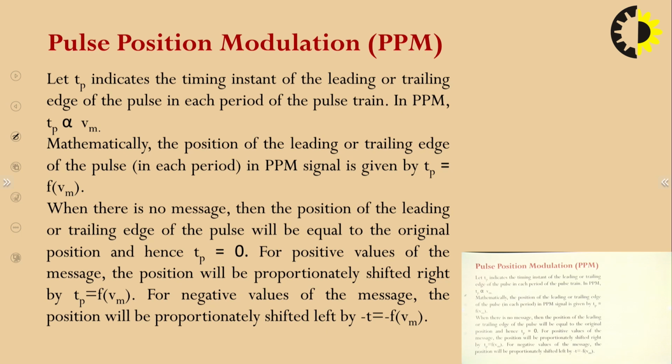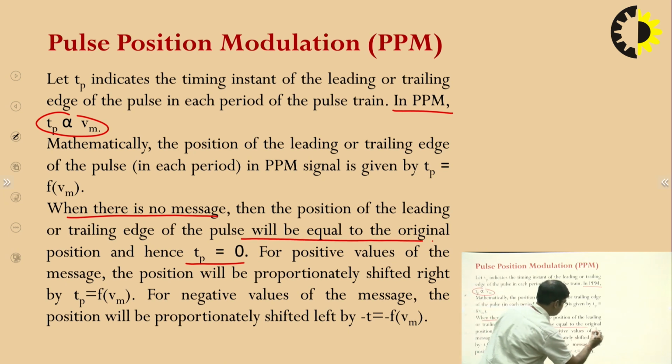Here we can see, in case of PPM, the position or timing of this pulse is proportional to this amplitude. Okay, when there is no message, Tp is 0 and the pulse will be equal to its original position.